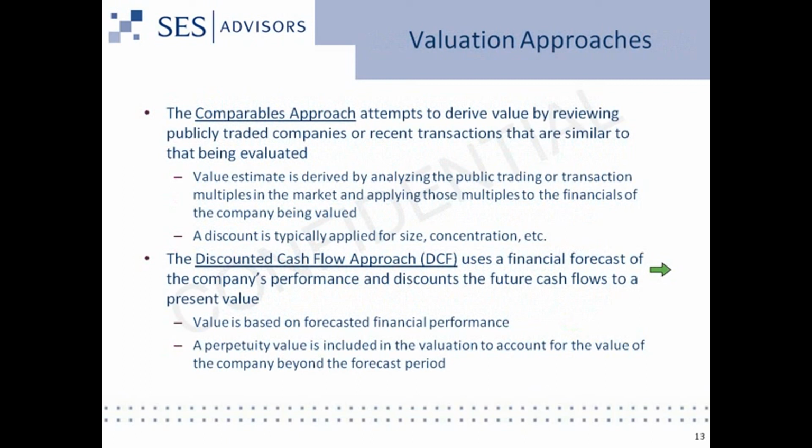But in general, the two used most are comparables, to look at publicly traded companies or transactions that you can get a hold of in databases to see what kind of multiples, EBITDA multiples or other multiples, are trading at in that industry, and trying to match the company to the closest multiples and then see how the comparisons work. Discounted cash flow is projecting what the future performance of the company will be in terms of cash that will be available to the buyer.